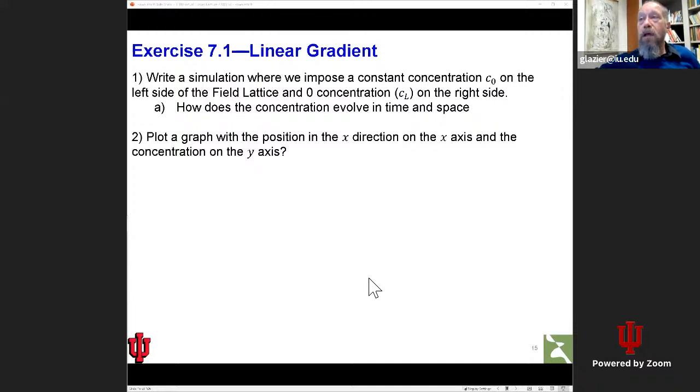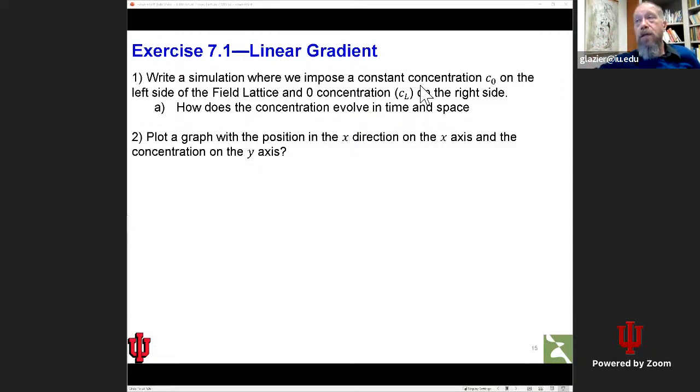So now I want you to do a short exercise, and then we'll take a break after the exercise. I want you to write a simulation where we impose a constant concentration on the left, constant concentration on the right, periodic boundary conditions on top and bottom. We just did that.